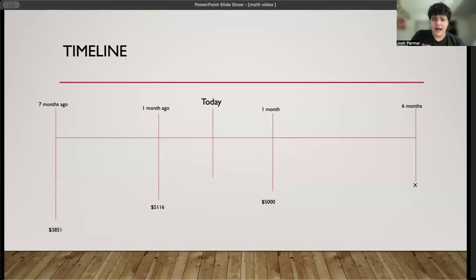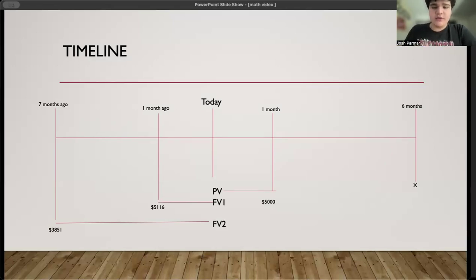As you can see, there are our values, and then the payment C, the $5,000. You can see that it is going to be a present value because it's going backwards. If we were looking for something in the future, it would be future value. With these two payments, we're trying to find how much they'd be worth today, in the present. All right, so we're looking for their future value.